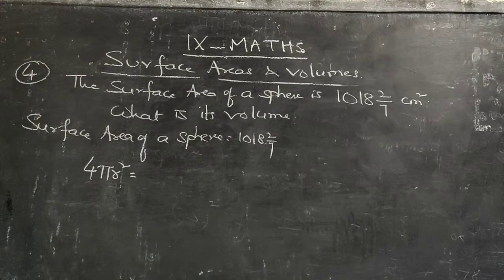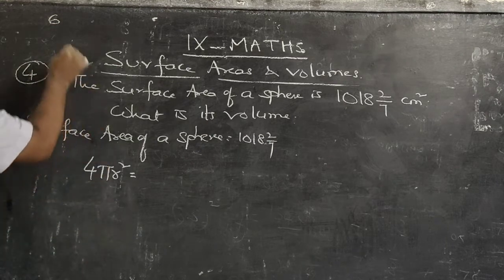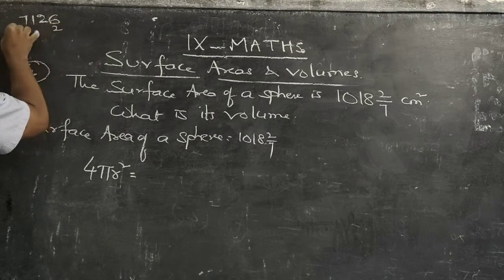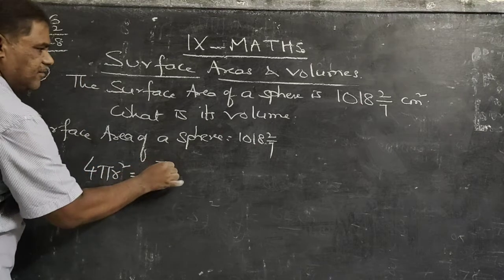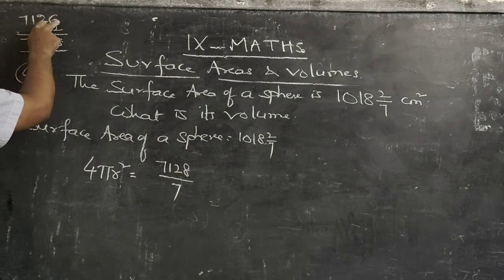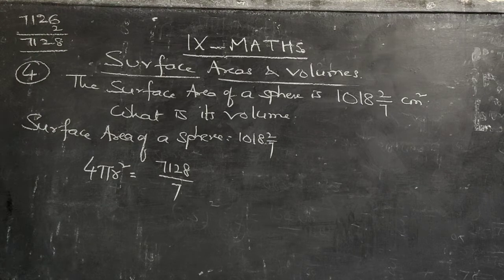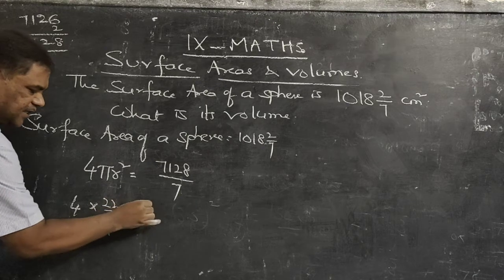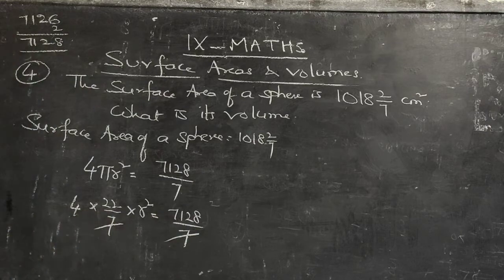Let us convert it to fraction, that is 7128 by 7. Four into pi is 22 by 7. Radius we don't know, we have to find 7128 by 7. This 7 you can cancel.